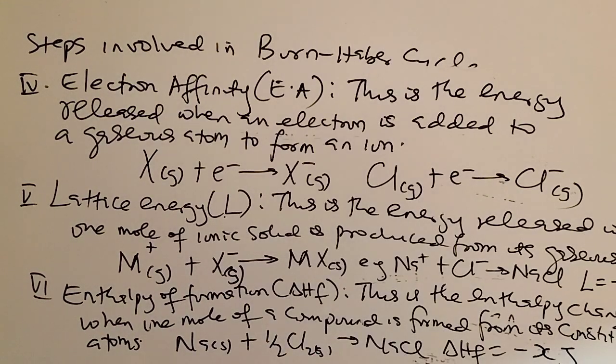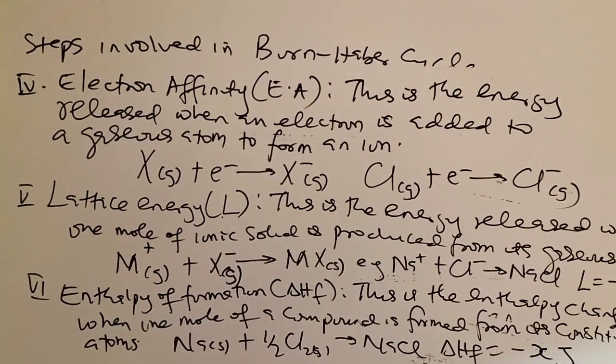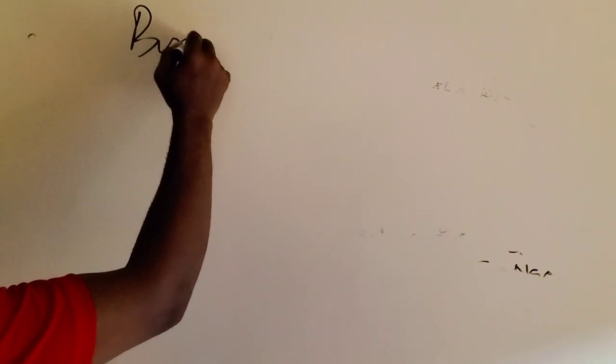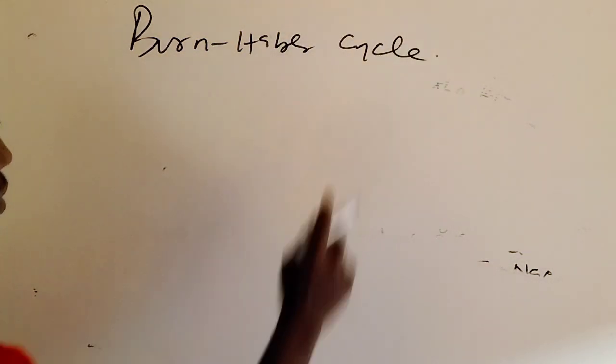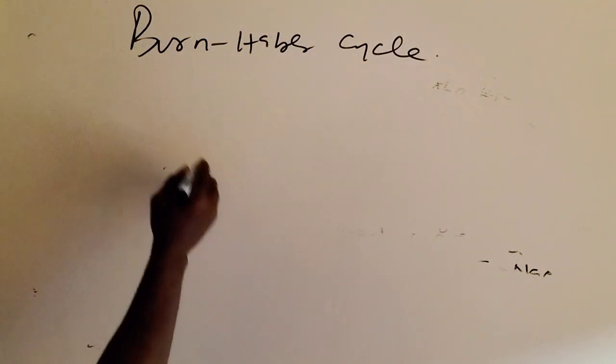Having done that, we're now going to draw the diagram for the Born-Haber cycle. So how do we go about the diagram? Let's consider the formation of sodium chloride.